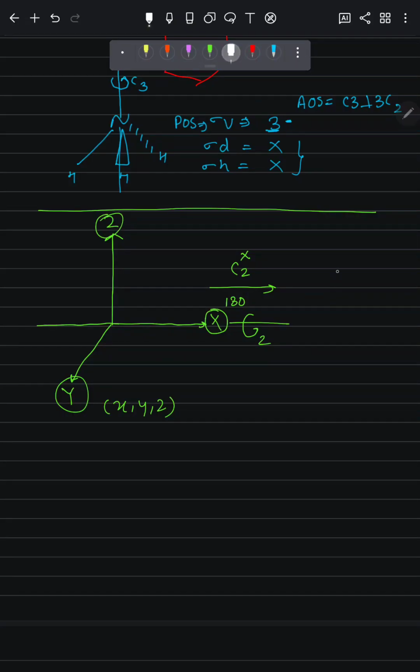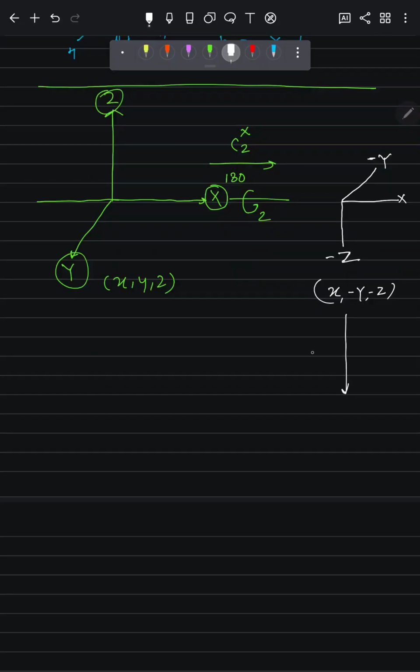So here the structure will be: x will remain in the same position, this y will go back and this z will go down, so it is minus y and minus z. So this is x, minus y, minus z coordinates.